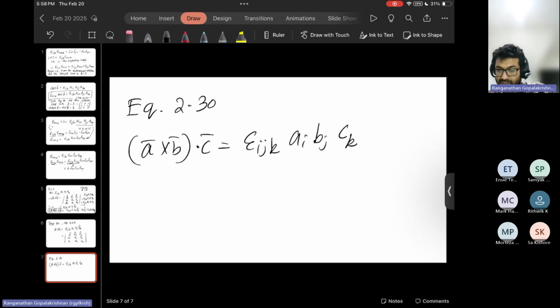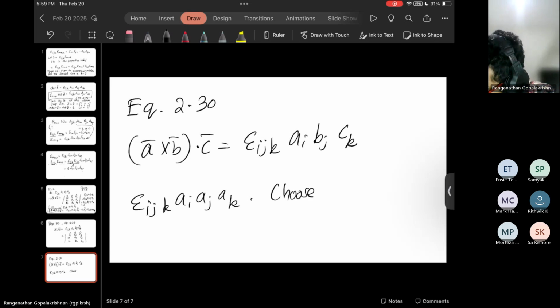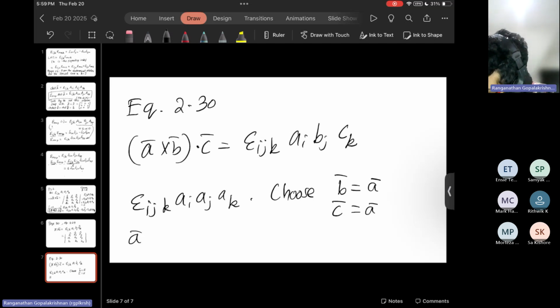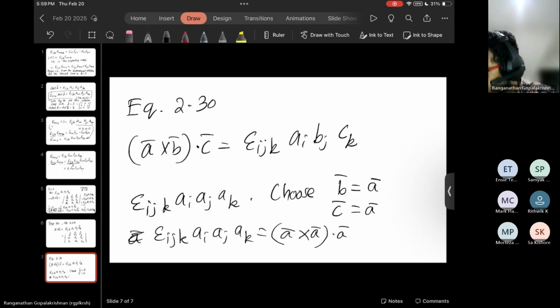Are we together so far? Yes. So now we are required to think about epsilon ijk ai aj ak, where you can choose B also equal to A and C also equal to A. The right side is A cross A dot A. Whichever way you look at it, A cross B dot A is 0, A cross A is 0, and dotted with A is also 0.